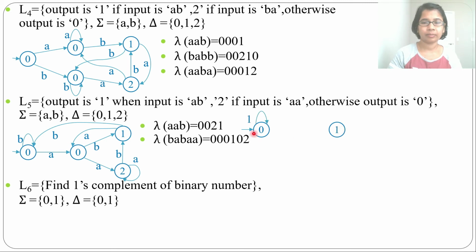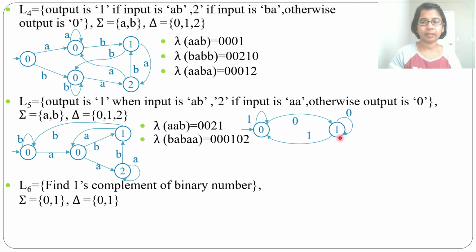On 1, it will come to this state, then for 0, it will go to this state with output 1. Now from this state by 0, it will be a self loop because 0 will convert to 1, and by 1, it will come to this state with output 0. Now this is the Moore machine for finding the complement. 0 will convert to 1, 1 will convert to 0.